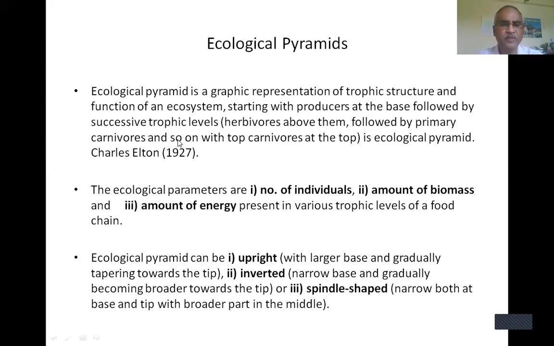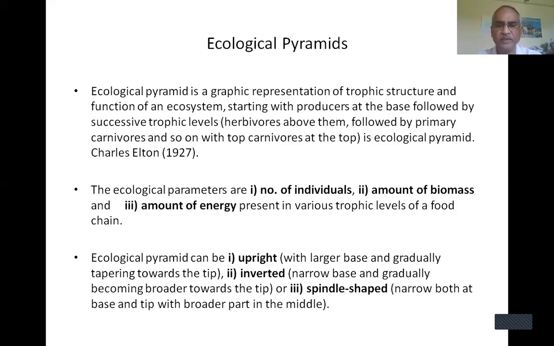And this was proposed by Charles Elton in 1927. And the ecological parameters that are the basis for ecological pyramids, there are three parameters. So basing on these three parameters, we have three different types of ecological pyramids.